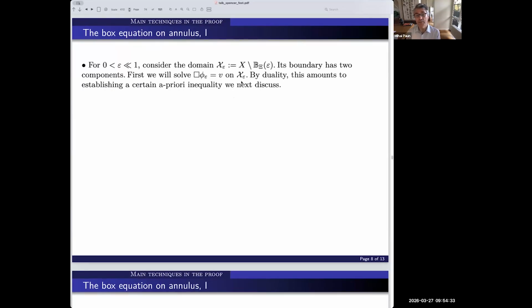Okay, so let's start modestly with trying to solve it on the annulus. Now, as you might know, for this type of equation, one method is to use duality. This relies on establishing certain a priori inequalities. Now, if you look at the situation for a ball minus a smaller one, one boundary is very nice, namely the exterior one, because it is given by psi smaller than 1, and psi is strongly plurisubharmonic.